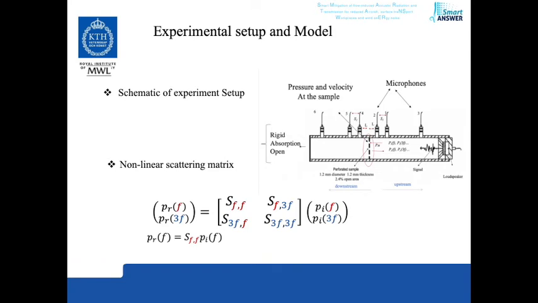But now we are in nonlinear. And the main nonlinearity I show you also is interaction of the harmonic between low frequency and high frequency.